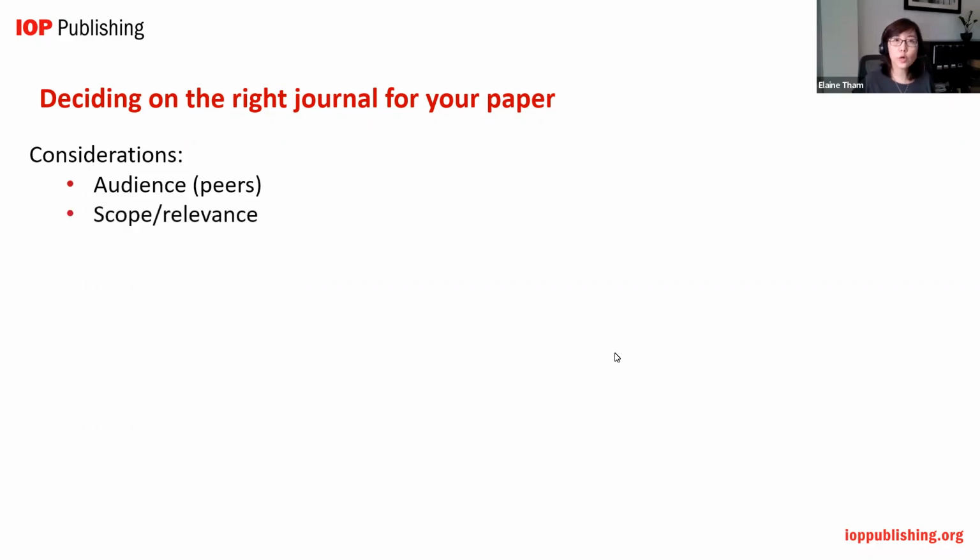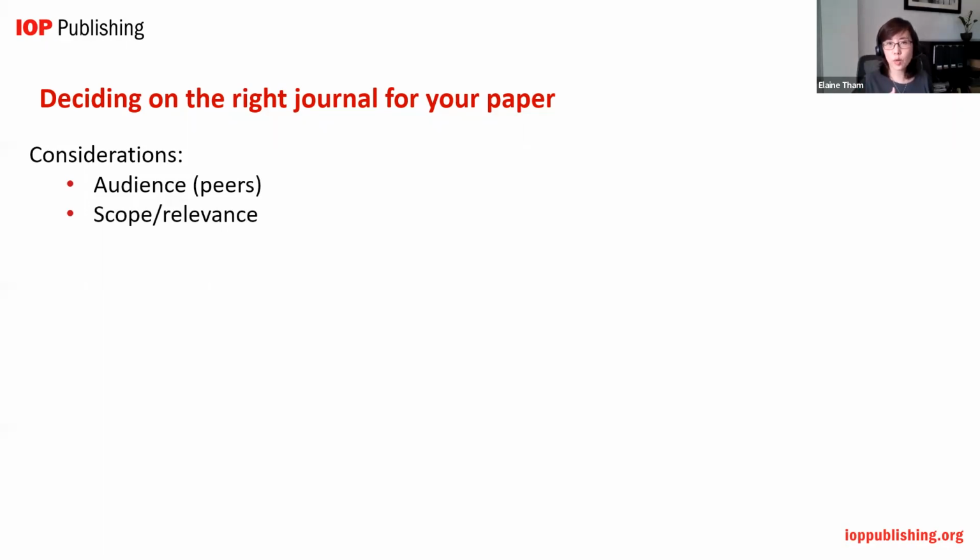Next, take a look at the scope of the journal and ask yourself, is it relevant to your paper? Is the journal in a niche area or a broad scope journal? If your paper is highly technical, then it might be better to consider a journal that is more specialized so you reach the right audience.